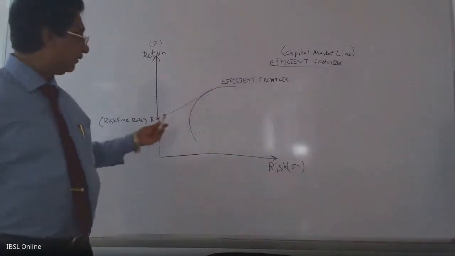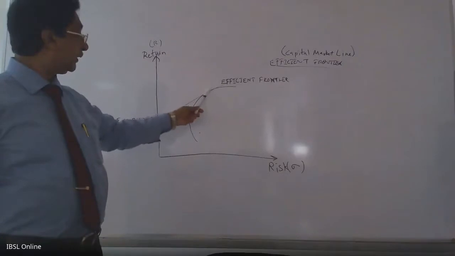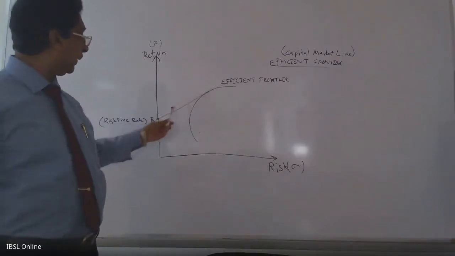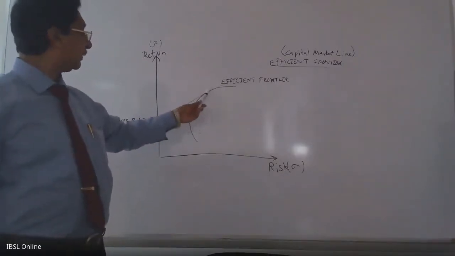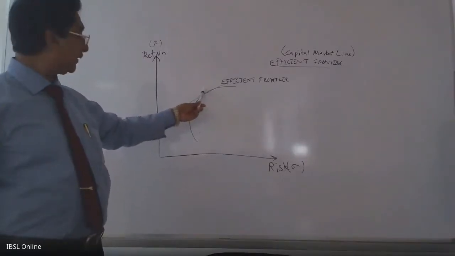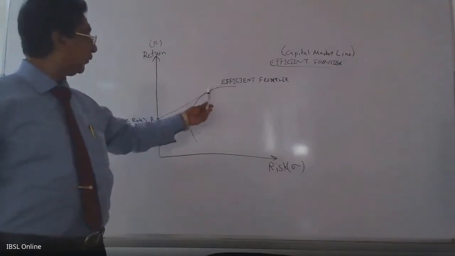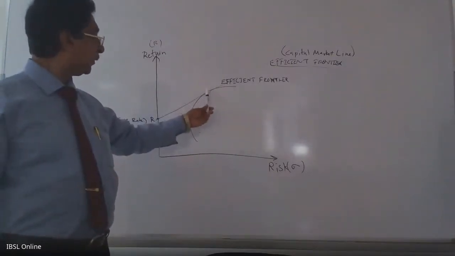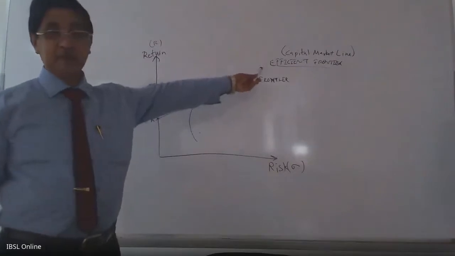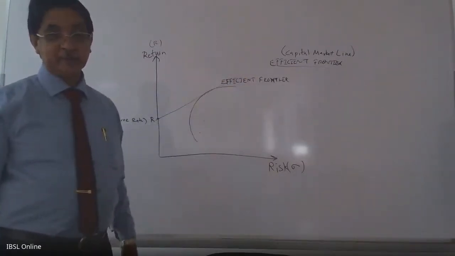Now you see the capital market line. From this point, the capital market line divides into two parts. The part which is to the left of this particular point is called the non-leverage portfolios. If you go from this point to the right of it, these are the leverage portfolios. So that is how it comes.